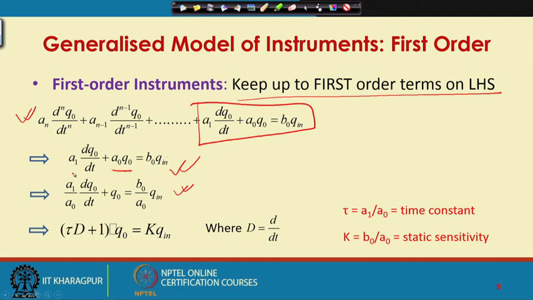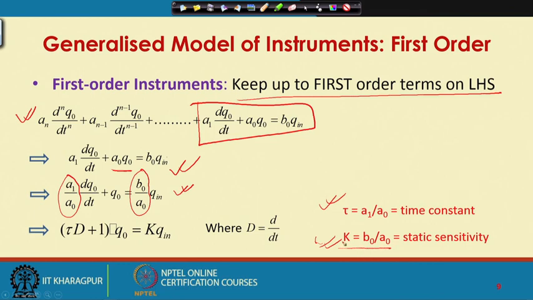Now, we define a_1 by a_0 as the time constant of the instrument, and b_0 by a_0, as we have seen previously, represents static sensitivity. In a 0 order instrument we had only one term, which was K, the static sensitivity.